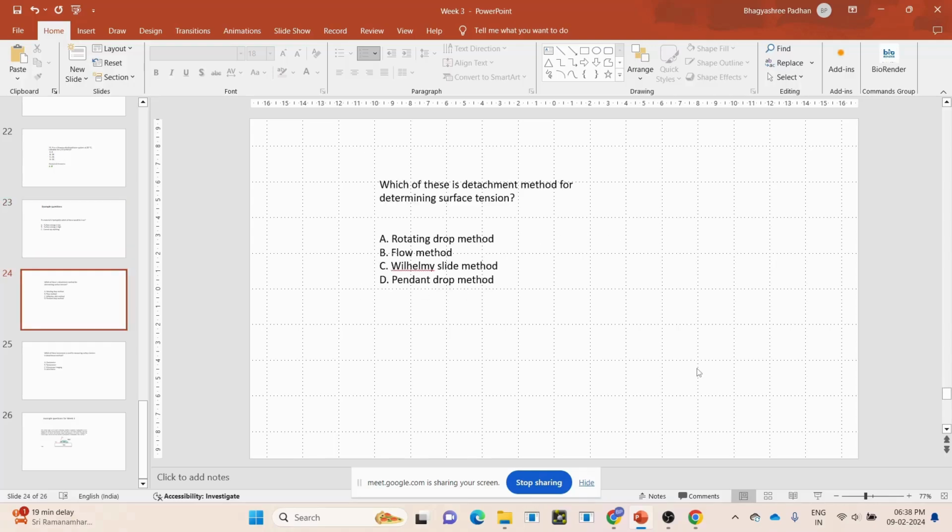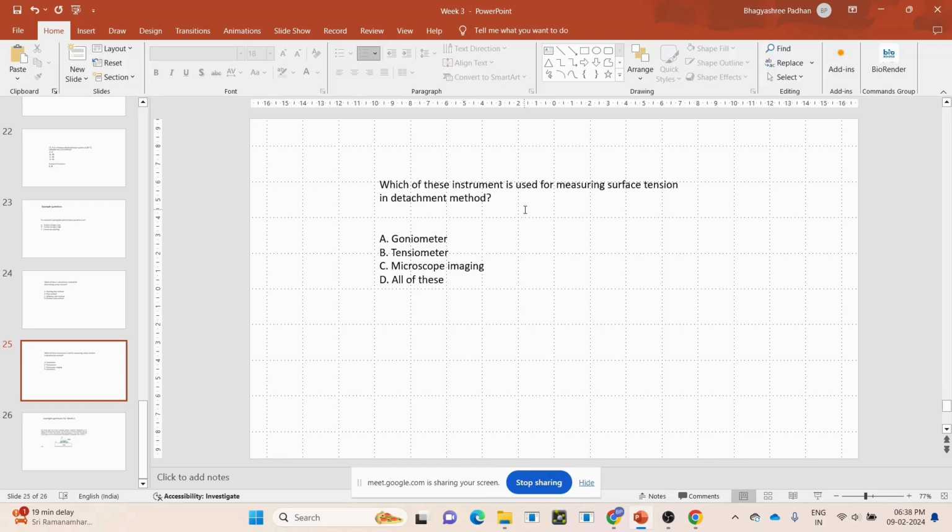So there were two questions basically. Which of these methods is the detachment method? Here the Wilhelmy slide method basically uses a plate and then that is pulled out from the water. That is the detachment method. Rotating drop and pendant methods are static drop methods, and flow method is a dynamic method. And this was another question on detachment method as to which instrument is used for measuring surface tension.